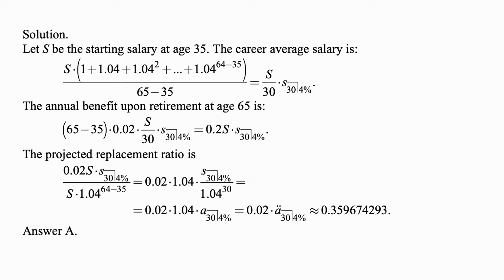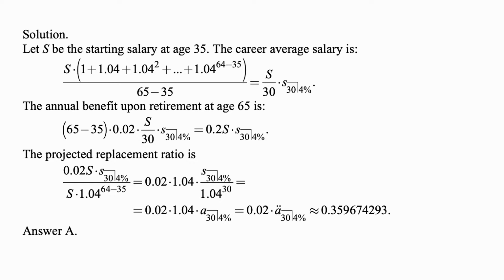That's the salary in the first year, multiplied by 1.04. That's the salary in the second year, multiplied by 1.04 squared. That's the salary in the third year. And multiplied by 1.04 to the power 64 minus 35, which is 29. That's the salary in the 30th year. She will have worked 30 years.